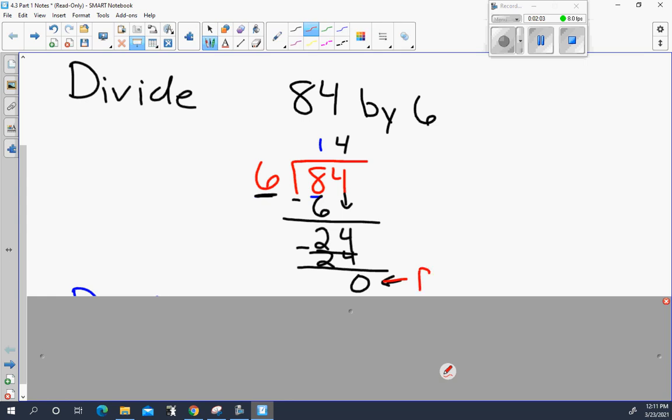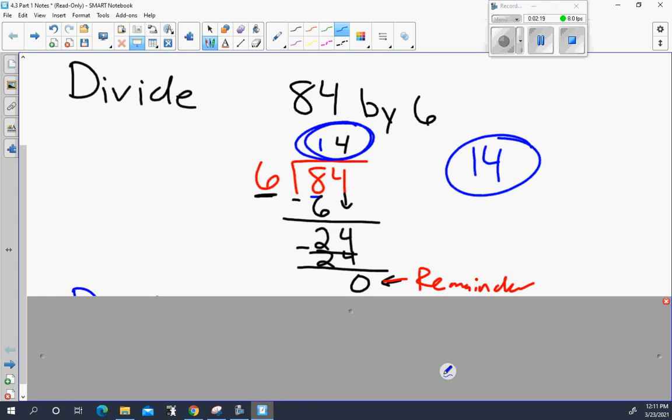That 0 is our remainder. Okay. So we really don't have to worry about that if our remainder is 0. Our answer is what we got up here. 14. Okay, so 84 divided by 6 is 14.